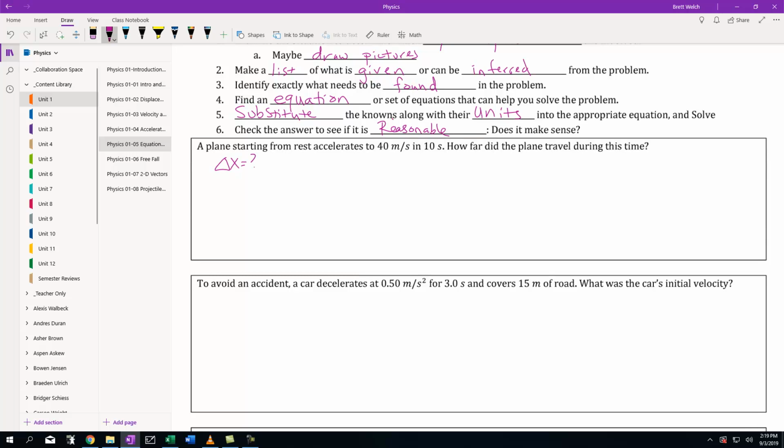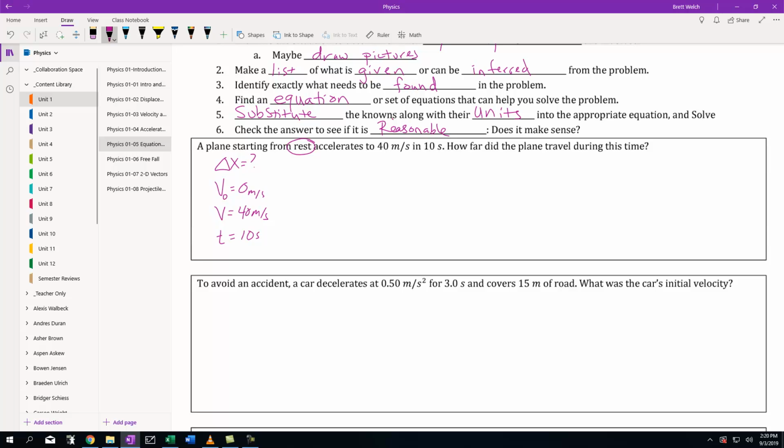That information must be found. We know that the initial velocity is 0 because it says it's at rest. We know the final velocity would be 40 meters per second. If this was 40 meters per second squared, that would tell us that it's an acceleration, not just a velocity. And the time we're told is 10 seconds.